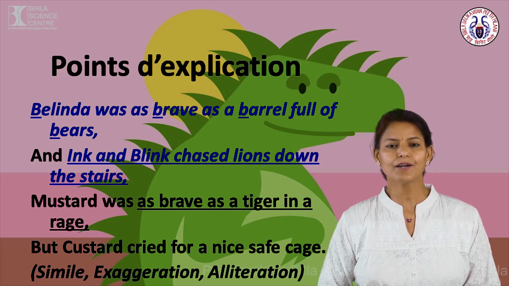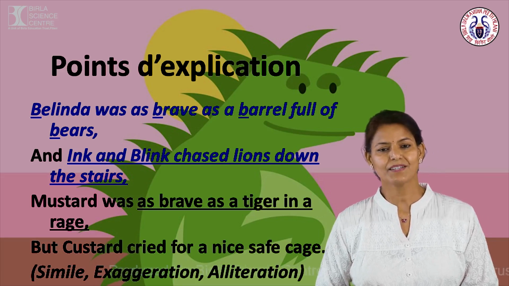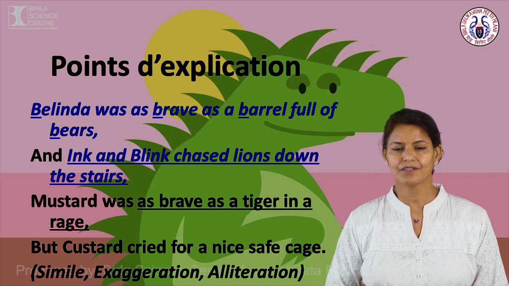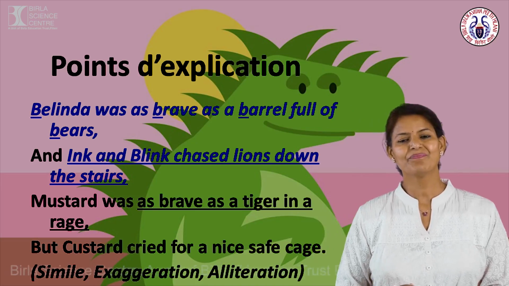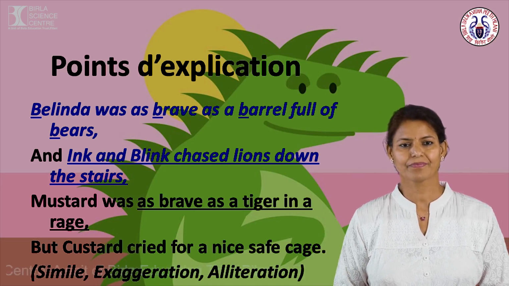The consonant sound b in Belinda, brave, barrel, bears is repeated for the rhythmic effect, so it's an alliteration. Ink and blink chased lions down the stairs is an exaggeration used by the poet.